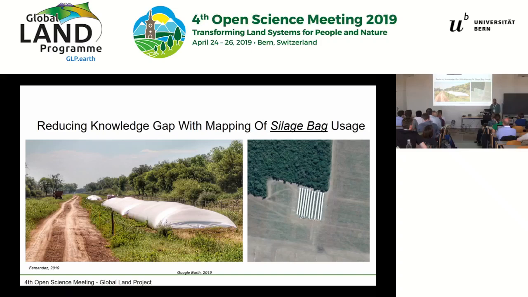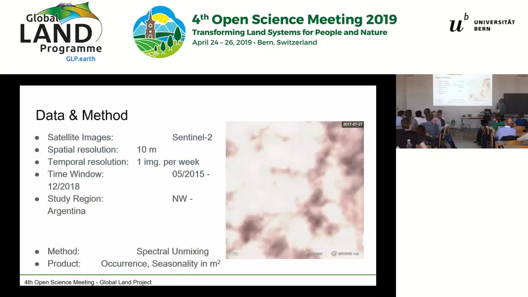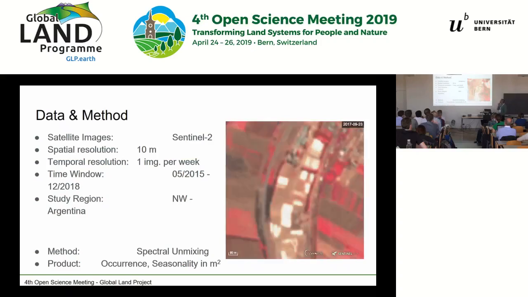But the point is how to identify the silo bags in a large area without people screening the high resolution imagery all the time. We use a method using Sentinel-2, with a spatial resolution of 10 meters.